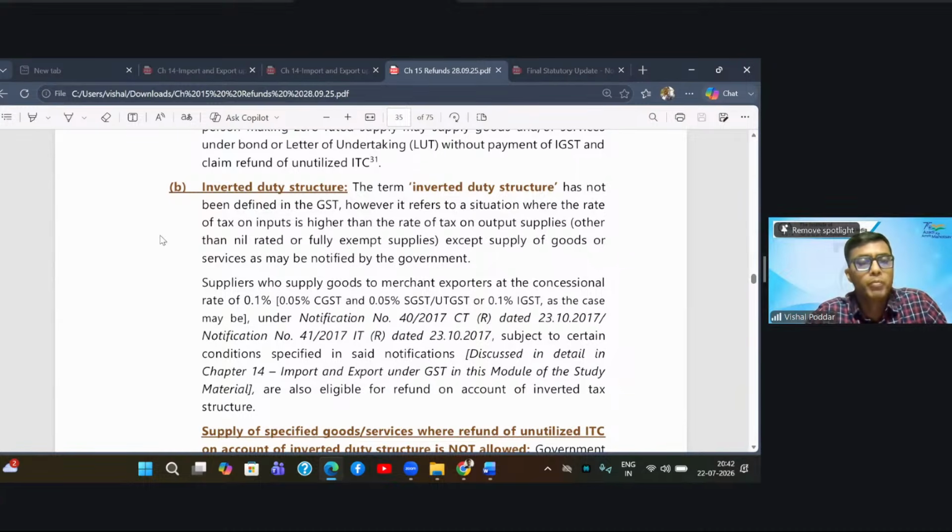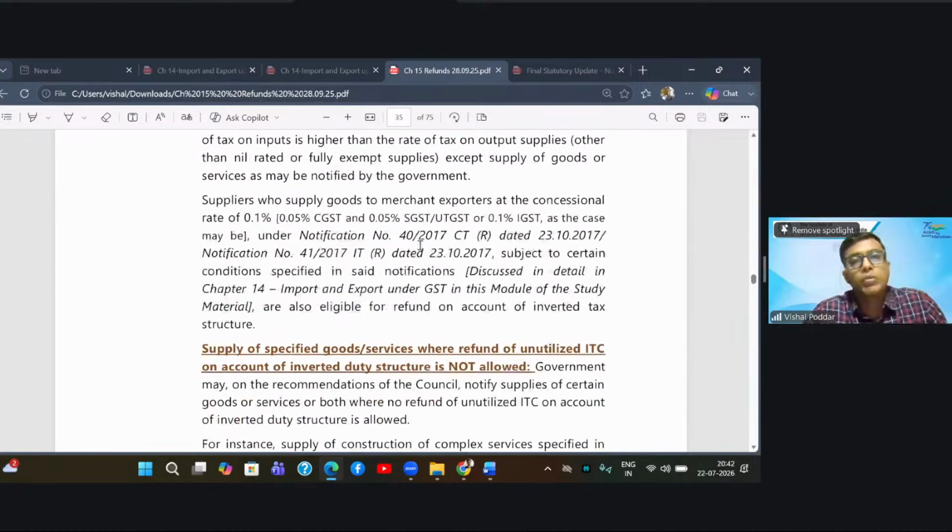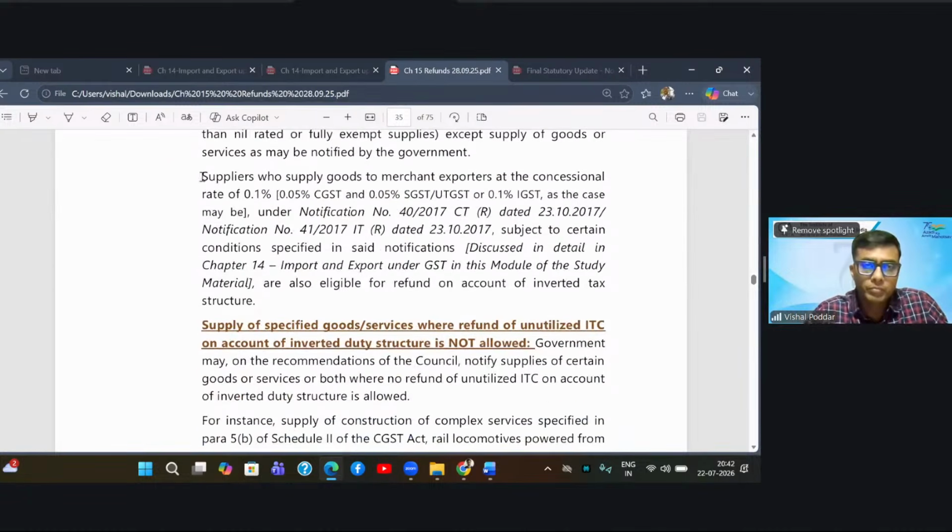Now, what is very important is if your output is nil rated or fully exempt, it is not eligible for inverted duty structure refund. Next, suppliers who supply goods to a merchant exporter at the concession rate of 0.1%. In such cases, the supplier's output is at 0.1%, but the input is at the normal rate.